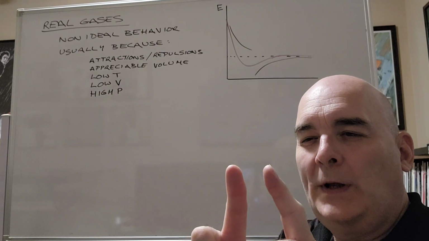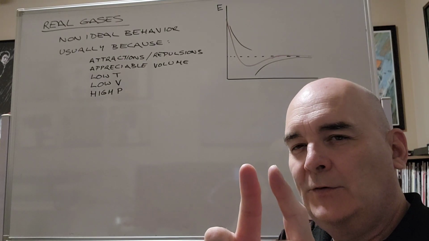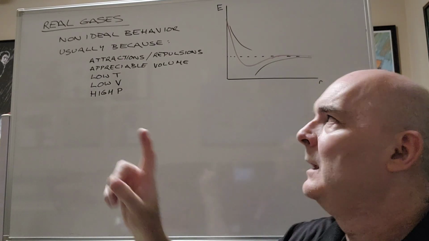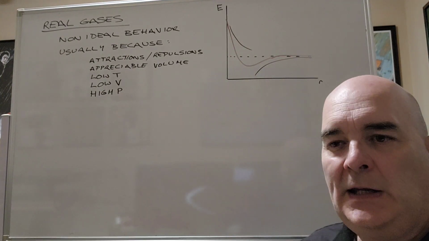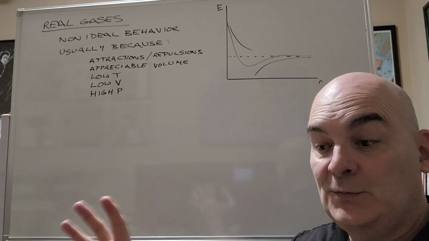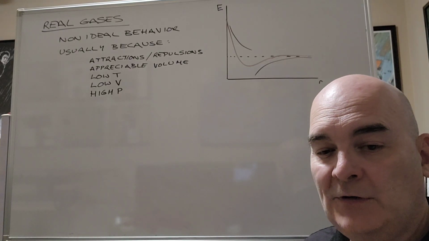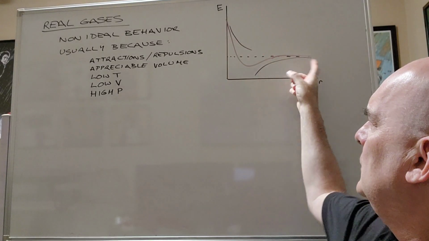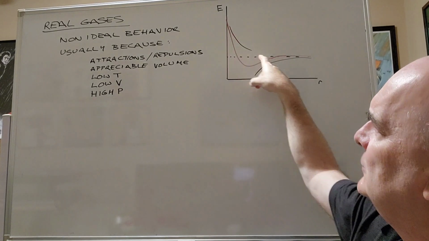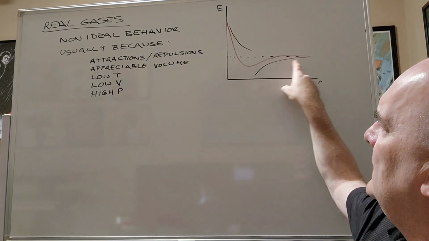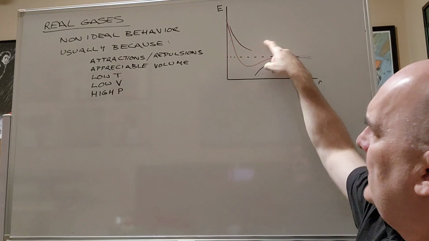And then when they get really close to each other, they start to repel, because the outsides of the atoms are where the electrons are, and electrons repel one another. So I have a Coulombic attraction and a repulsion here as well.